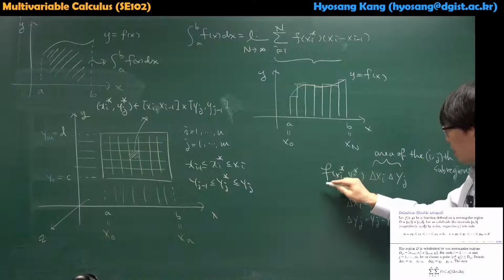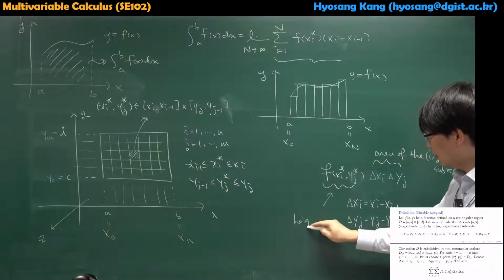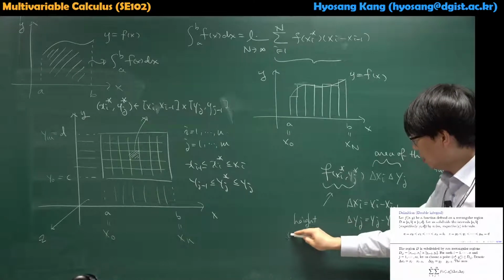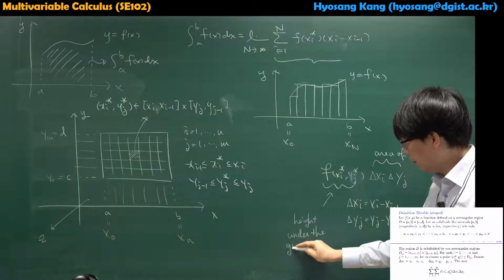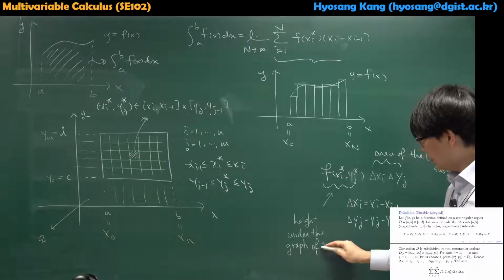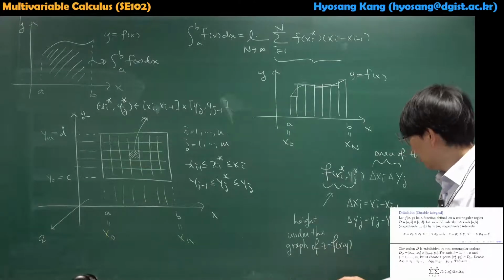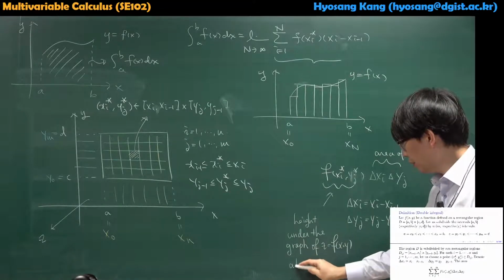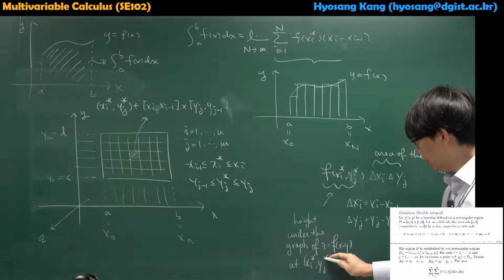So this serves as a height under the graph of z equals f(x, y) at the point (xi star, yj star), right?